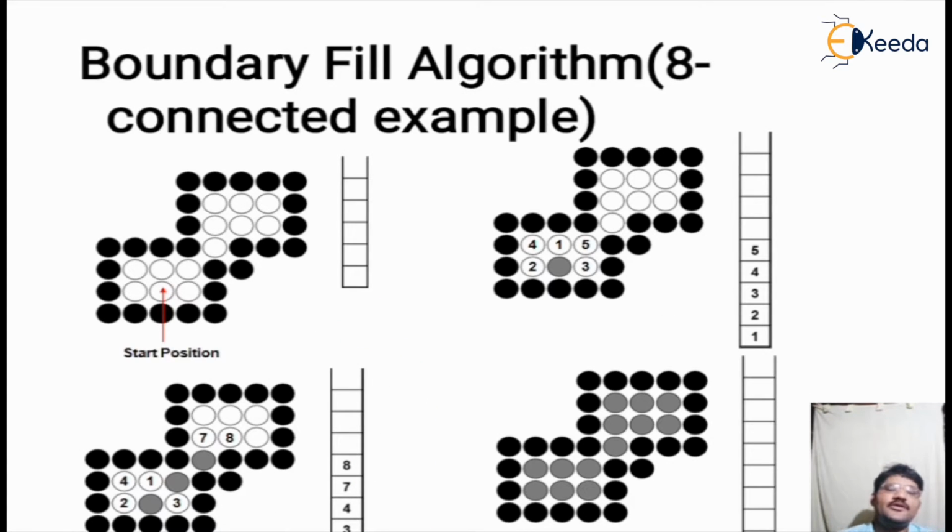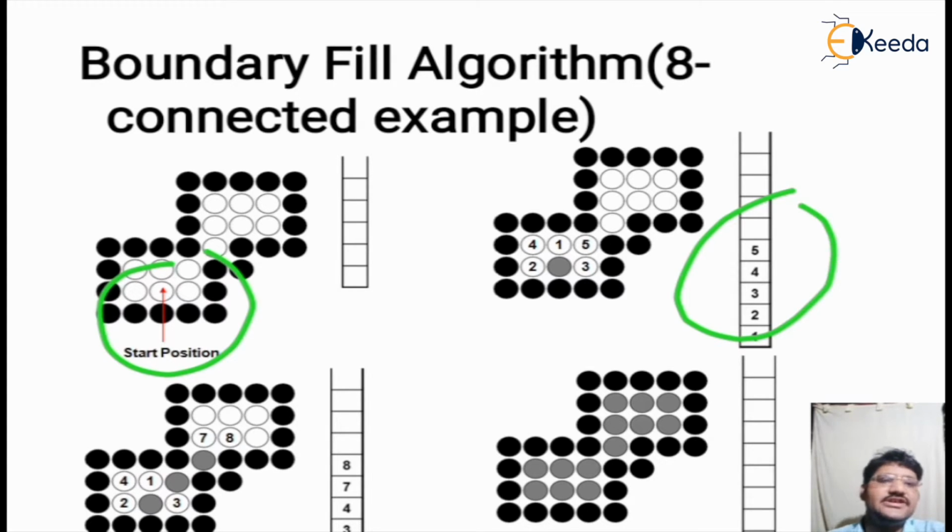Now we take an example with the 8 connected method. Here we can see, first when we select the start position pixel or seed pixel, we store its 8 neighbors in the stack. Now we pop the top element from the stack and set that color.